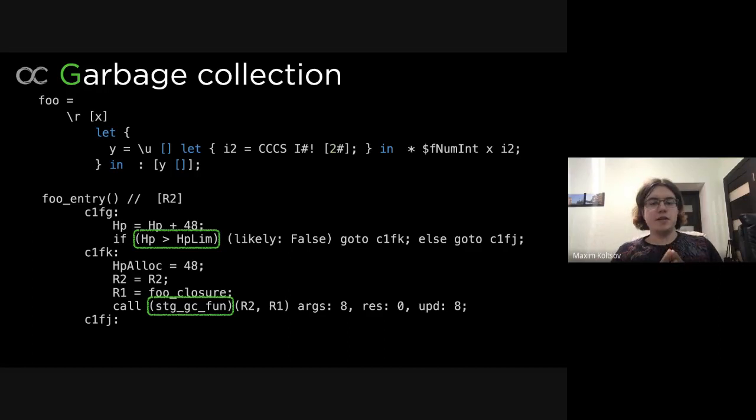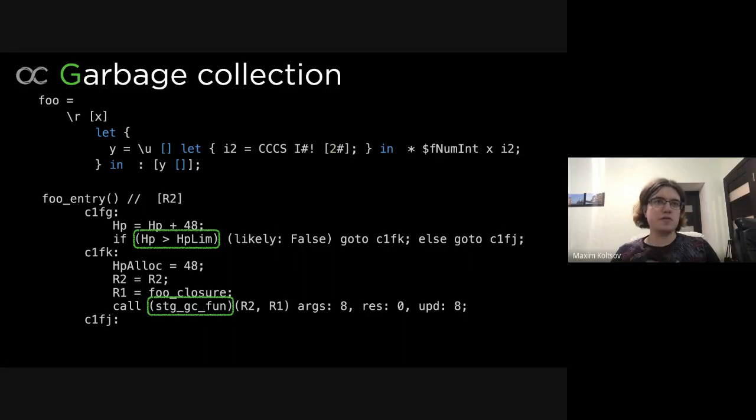What does this mean? This is actually a check. Are we out of heap space? So every function in Haskell, when it starts evaluating, first of all, checks if there is enough heap space available for the closures it will allocate. So, for example, this function will allocate one closure, and it knows that its size is 48 bytes.